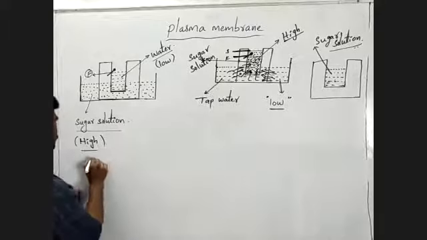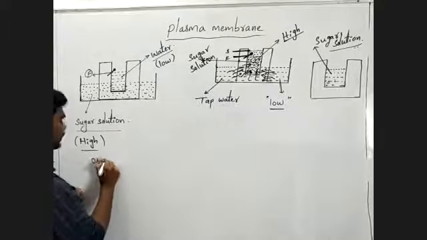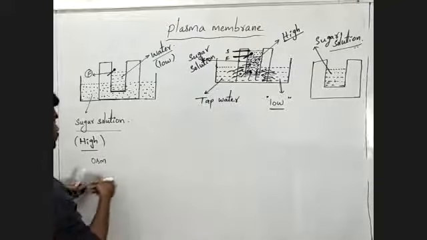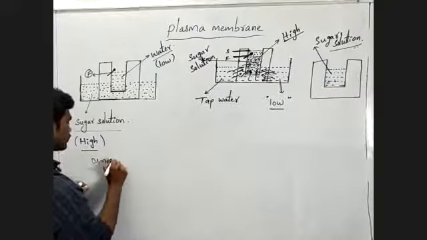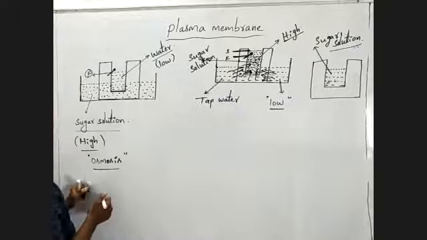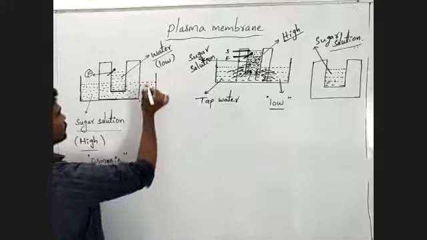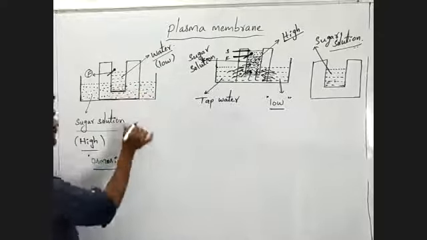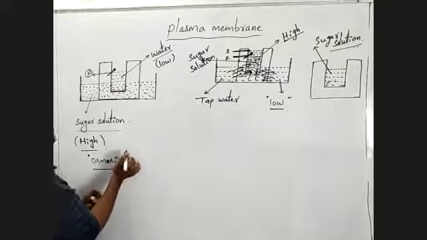Osmosis process takes place here also, because there is concentration gradient. That is why osmosis process takes place. From low concentration, water moves into the high concentrated solution.